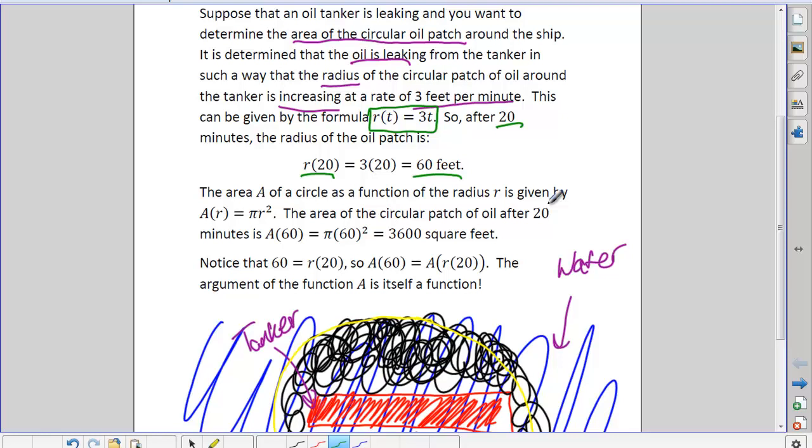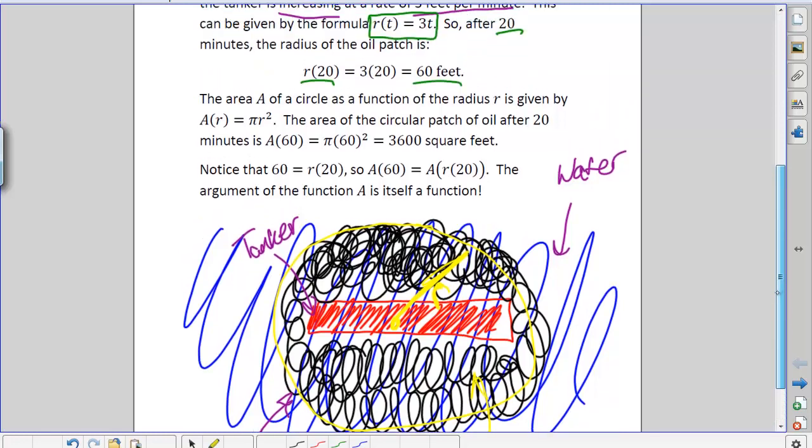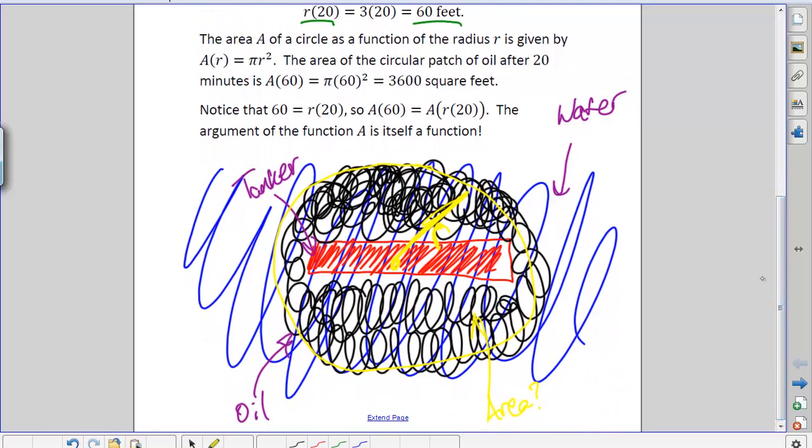Now, if we want to talk about the area of that patch of oil, that's a circle, right? This right here is a circle, and it has some radius r. Okay, and again, that's increasing as time goes by. The area of a circle we know is pi r squared, right?